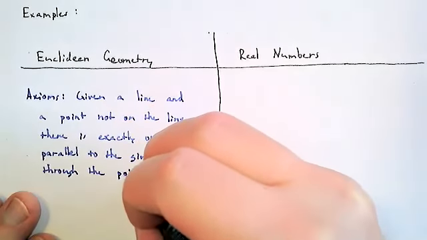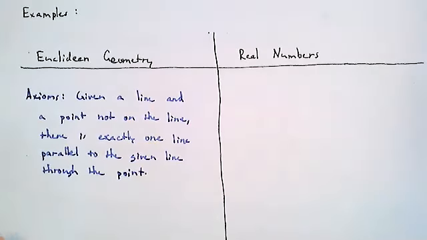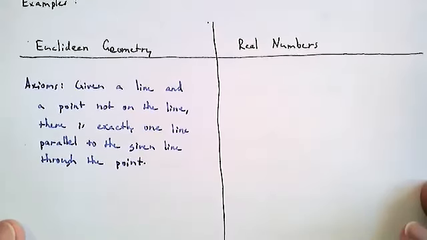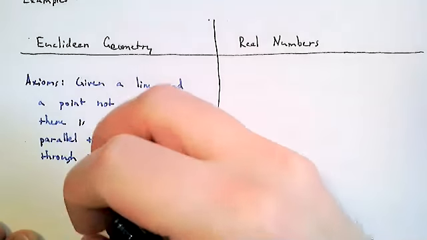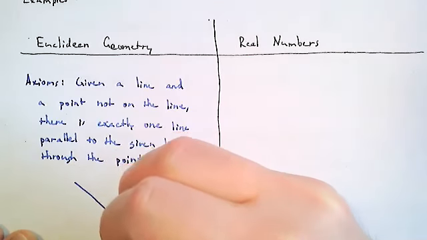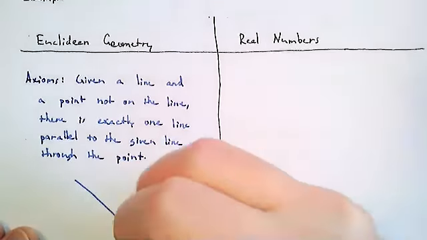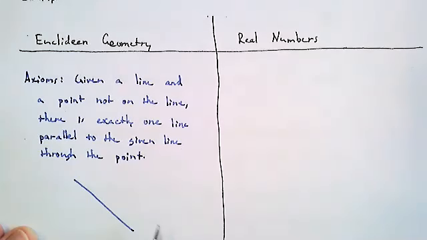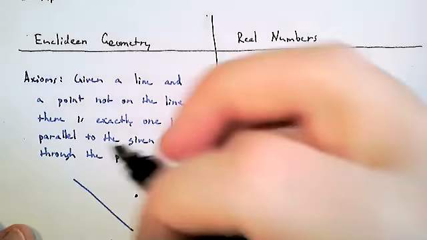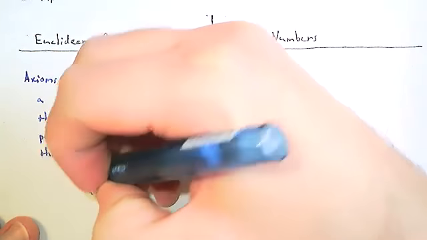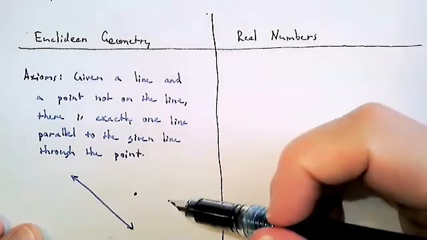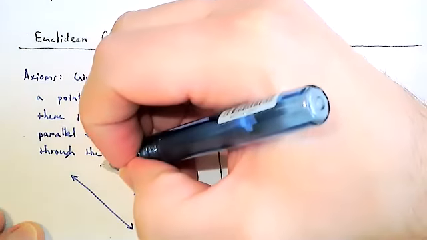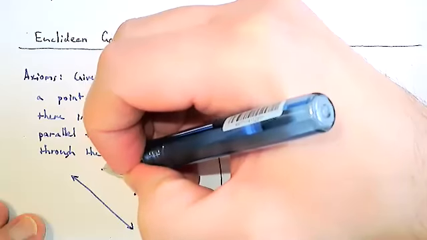So this is a very wordy axiom, and the wordiness is the reason why I'm not going to try to write all of them for you guys. But in drawing terms, let's say, in picture terms, if I'm given a line and then some other point that's not on the line, then what this axiom is telling us is that we can always create exactly one line parallel to the original.